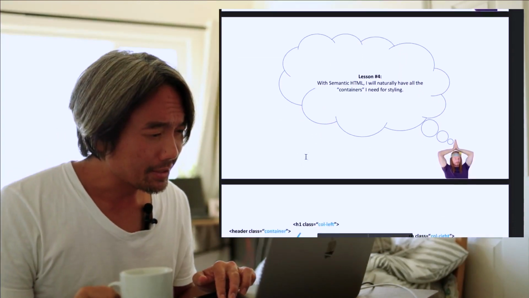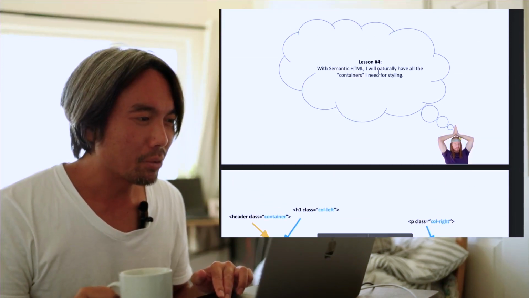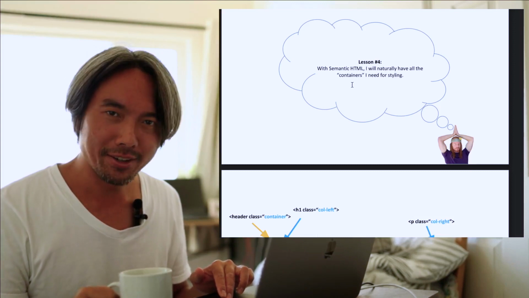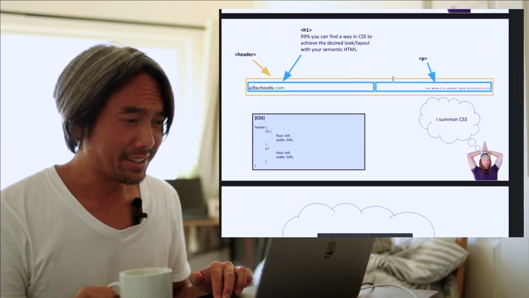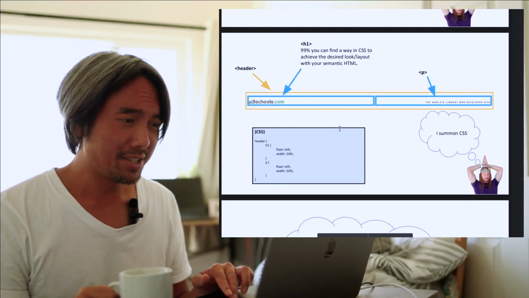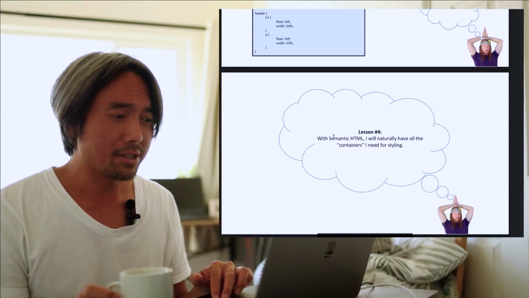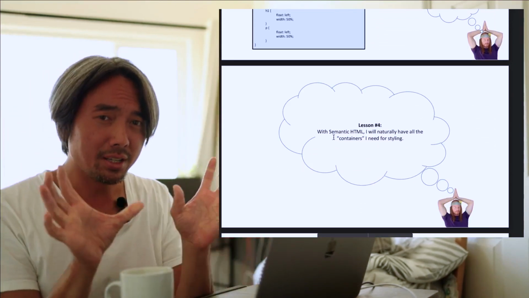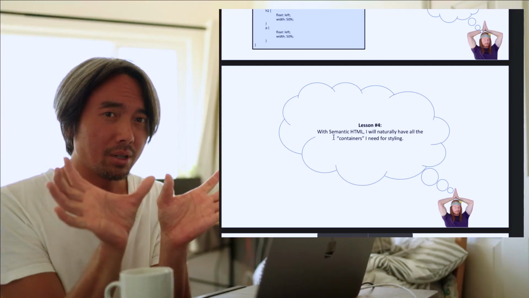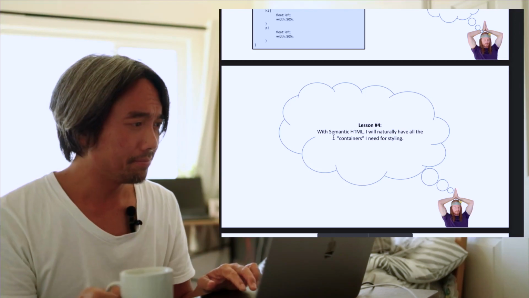Okay, so lesson number 4 with semantic HTML: I will naturally have all the containers I need for styling. As you can see, without focusing ahead of time, he has all the containers, all the wrappers he needs to size things and position things where he wants.